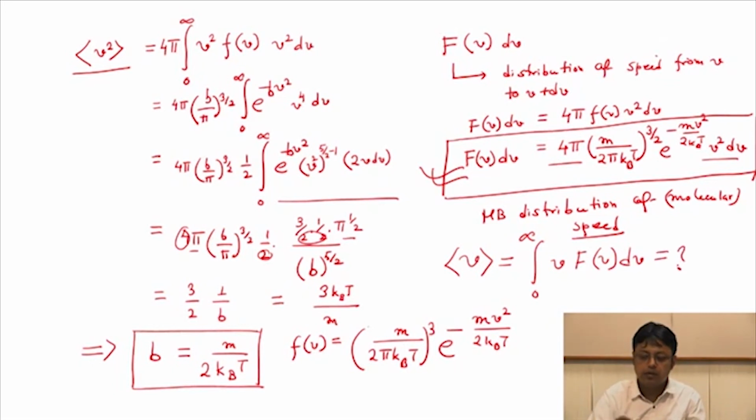So that we'll see. And we have not plotted the Maxwell-Boltzmann distribution yet. We will first plot this function, how it looks like, and we'll also discuss how to go from the speed distribution to the energy distribution. So those things we'll discuss in the subsequent parts. Thank you.